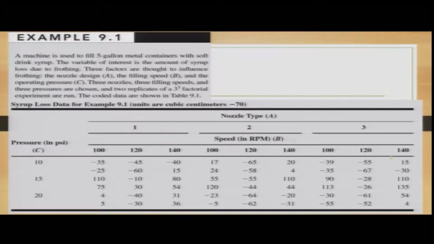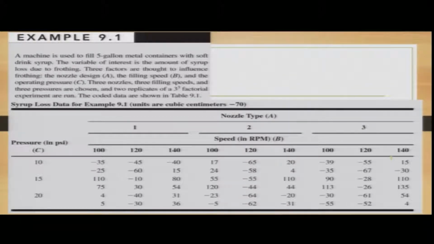So, pressure and speed are the variables and you are considering nozzle type A. The speeds are 100, 120, 140. Consider them as the values which are given. Speed you can find out depending on the combination which you have.